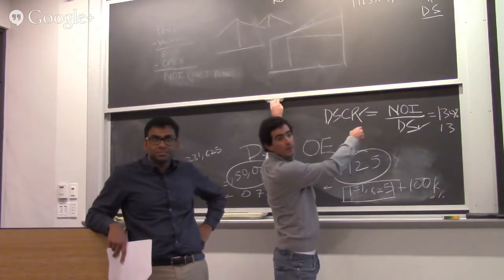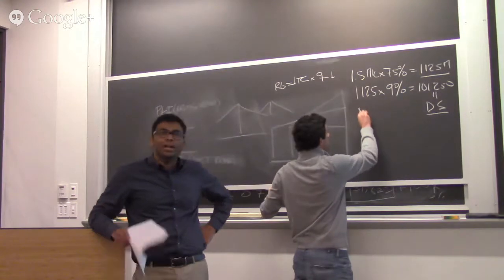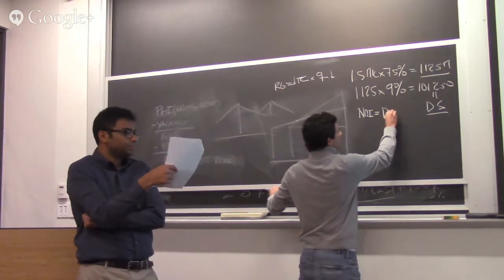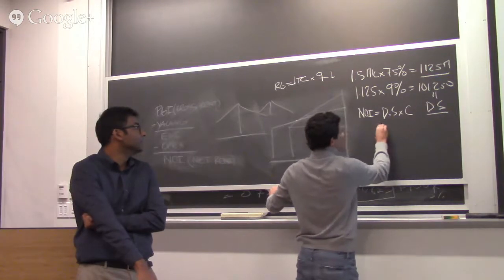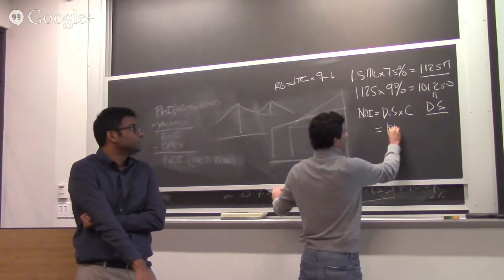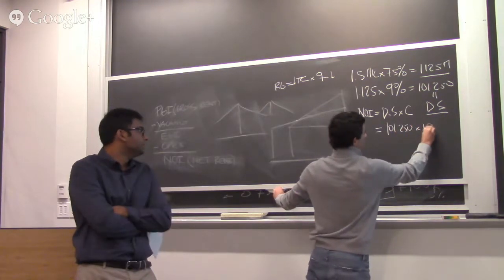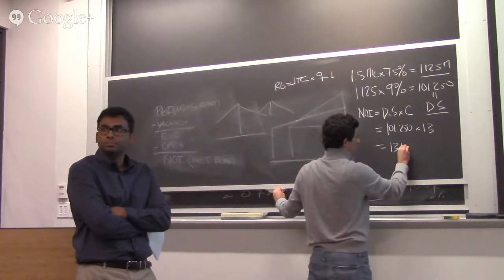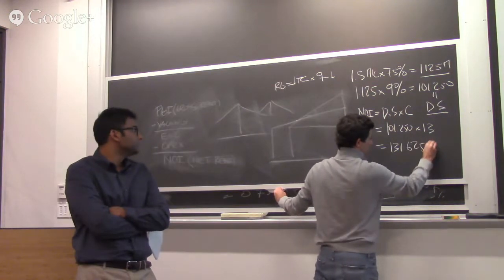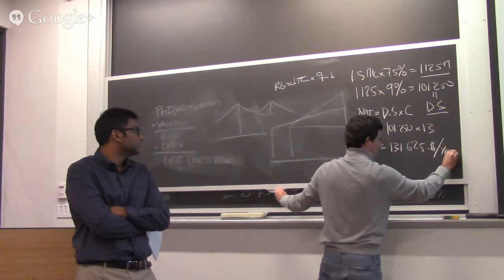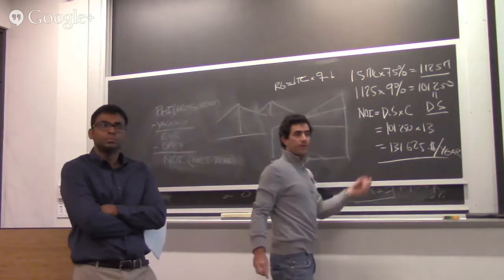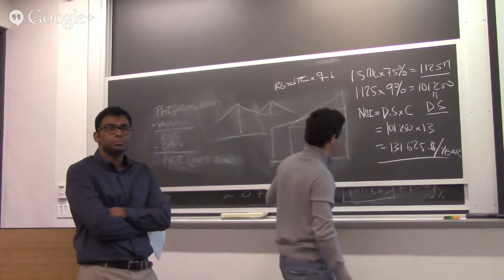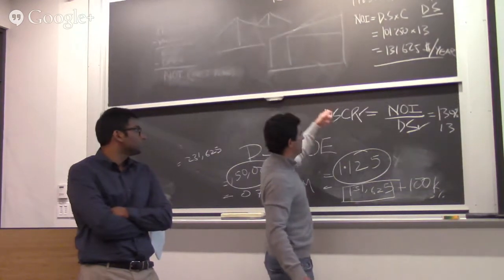So NOI would be debt service times coverage, which would be 101,250 times 1.3, which is 131,625. Everyone here? Okay. So we got the NOI.